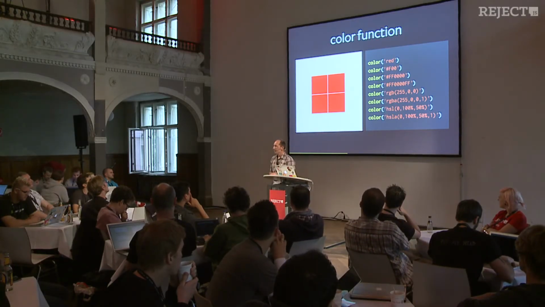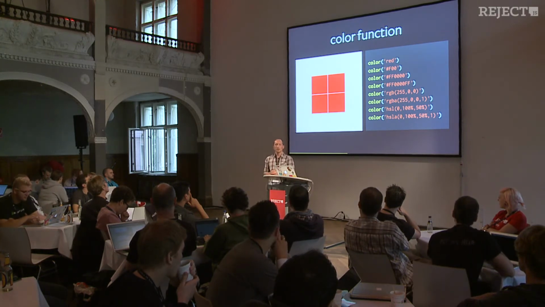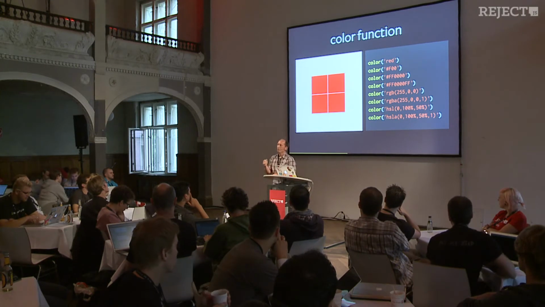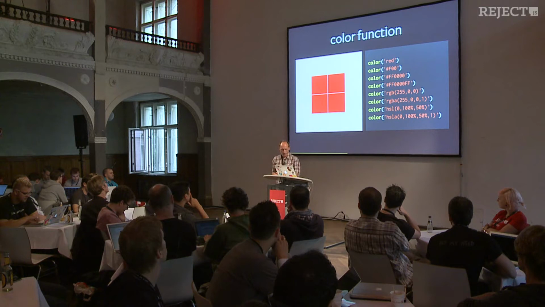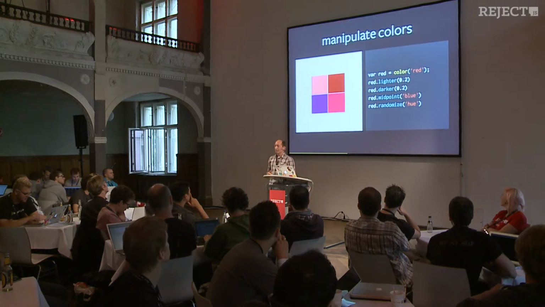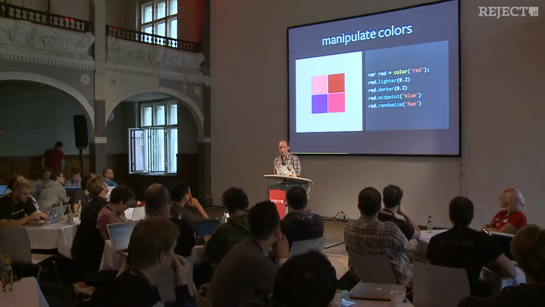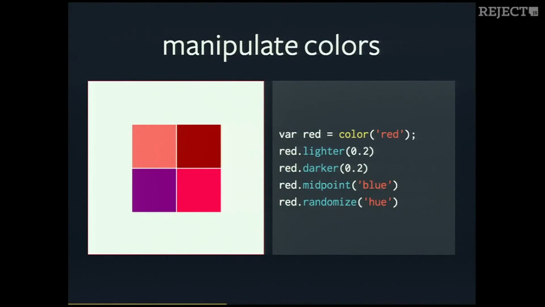And he says, well, it's not exactly the color I want. Can you please make it a little bit darker? Now the developer says, well, couldn't you please just give me the color? And yeah, we can help. We have lighter, darker, and midpoint. And if you just can't agree, you can also randomize. That's still possible.